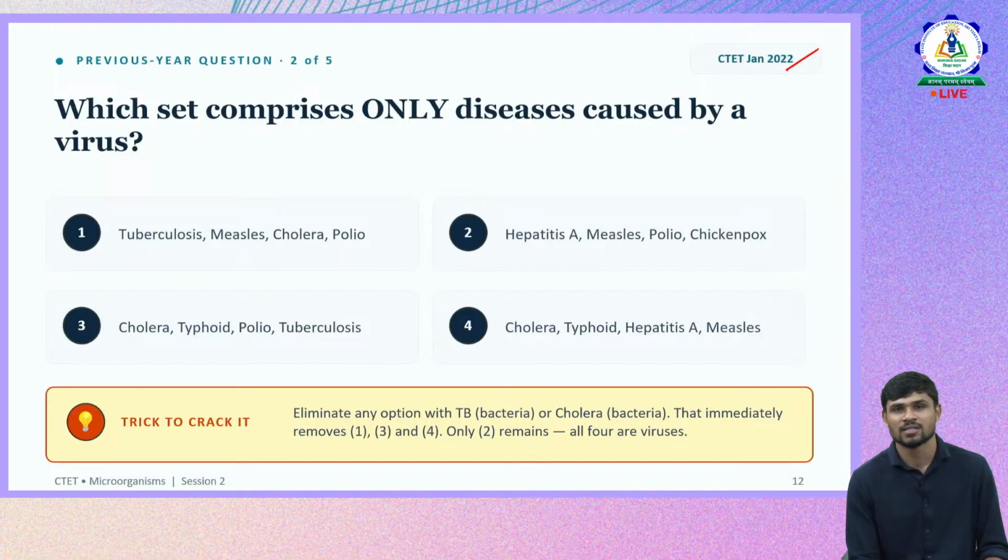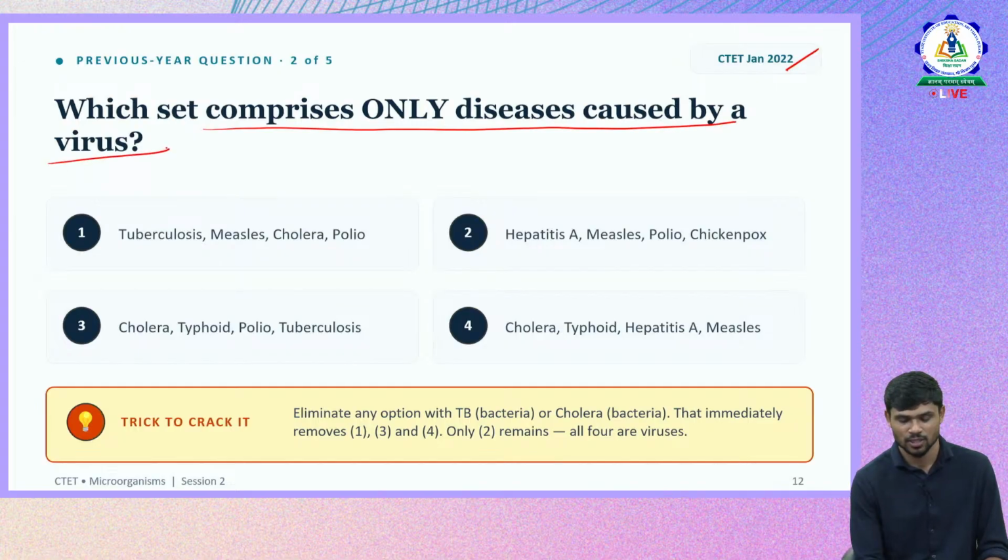Next, let us move to one more question. Which set comprises only diseases caused by a virus? So they are asking us to identify a set of diseases which are caused only by viruses. Is it tuberculosis, measles, cholera and polio, or hepatitis A, measles, polio, chickenpox, or cholera, typhoid, polio and tuberculosis?